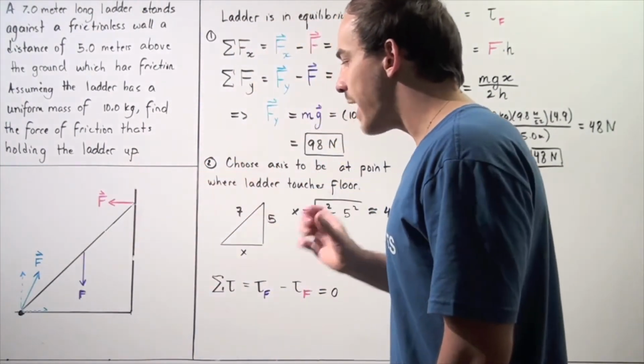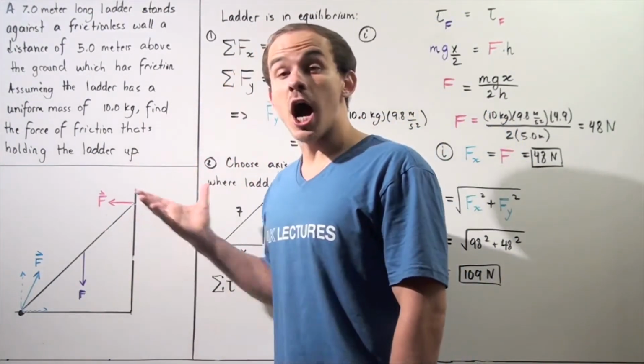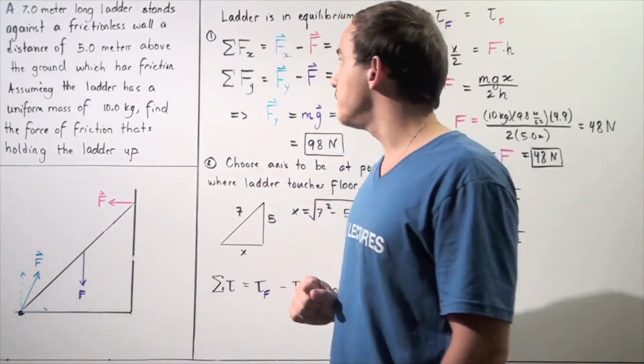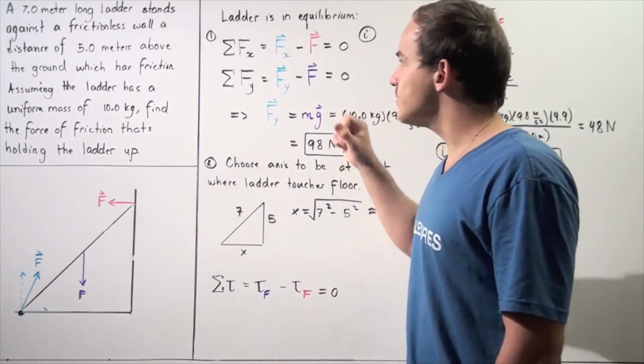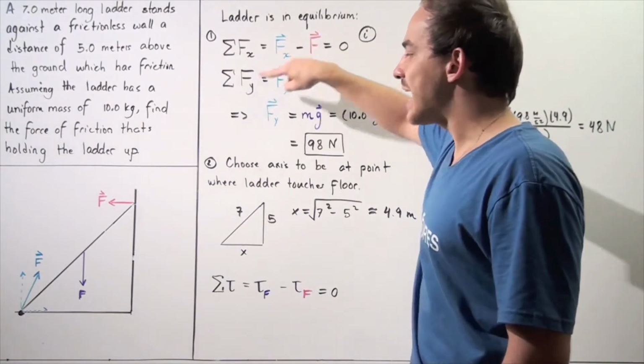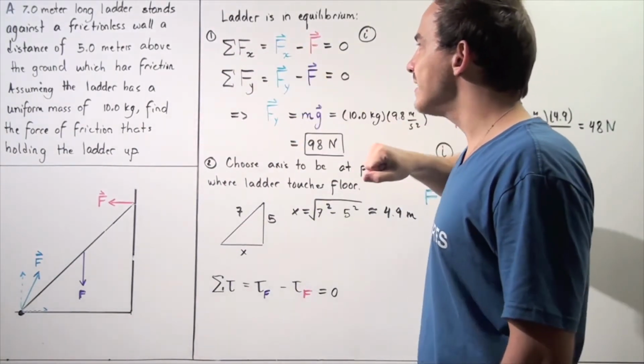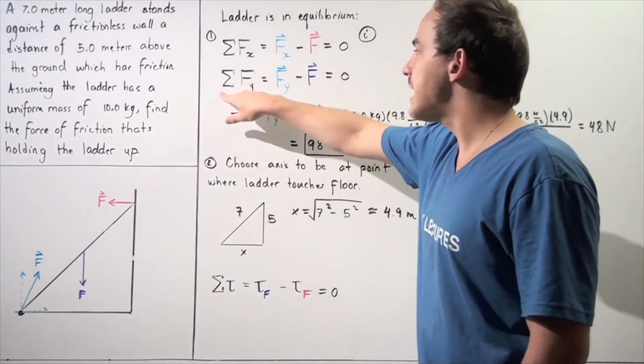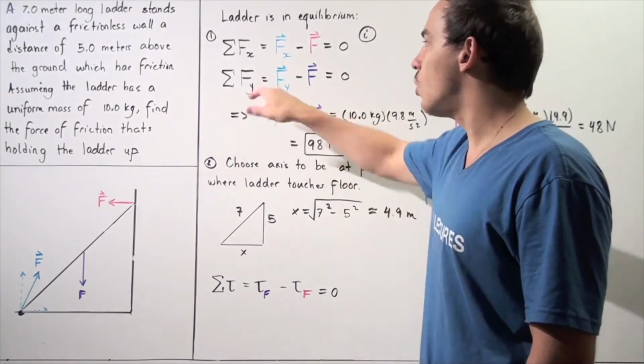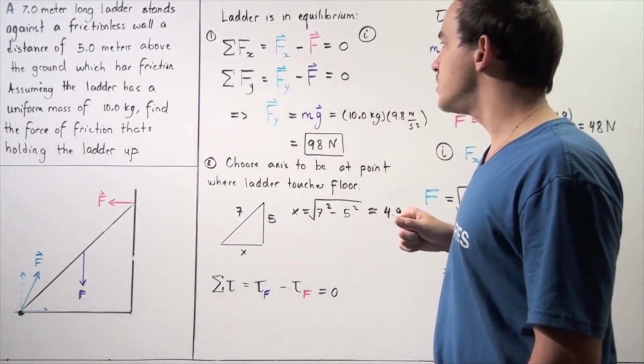So let's begin by recalling that the ladder, our object, is in static equilibrium. And that basically means that the net force acting on our ladder along the x-axis is 0, and the net force acting on our ladder along the y-axis is also 0.